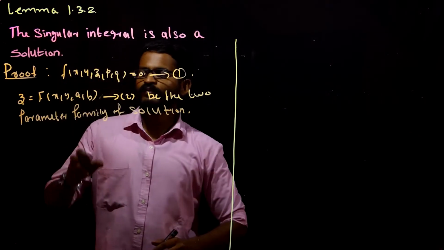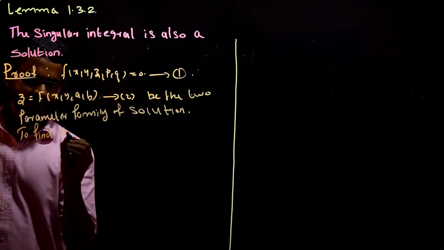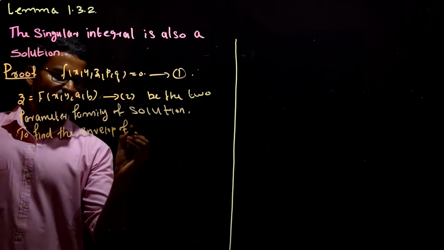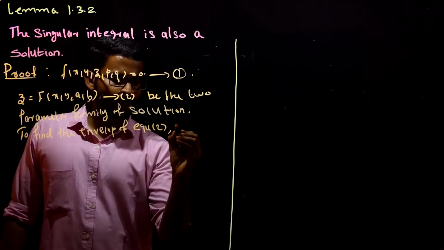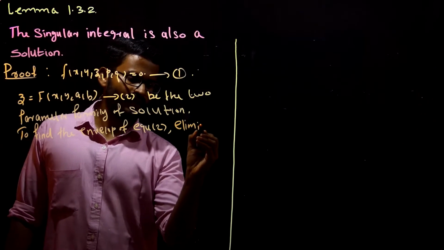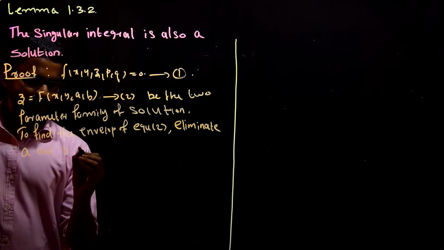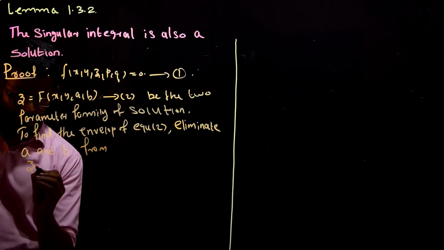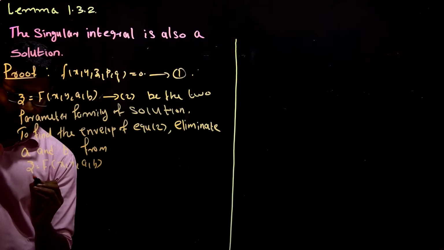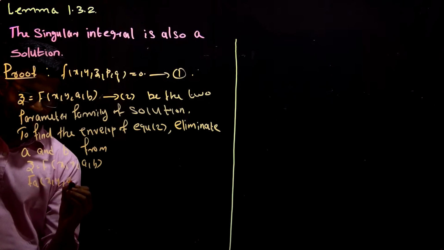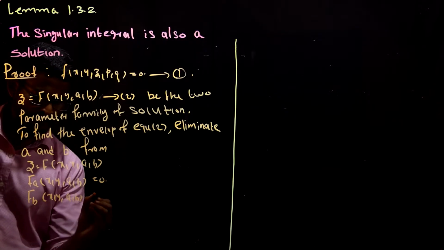To find the envelope of this two parameter family of solution, to find the envelope of equation 2, we have to eliminate a and b from z is equal to capital F of x, y, a, b, and F a of x, y, a, b equal to 0, F b of x, y, a, b equal to 0.